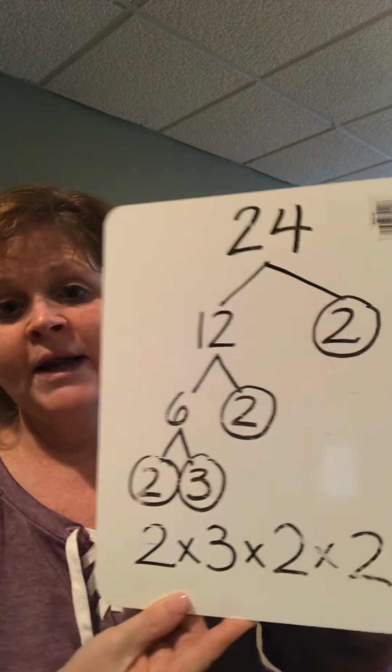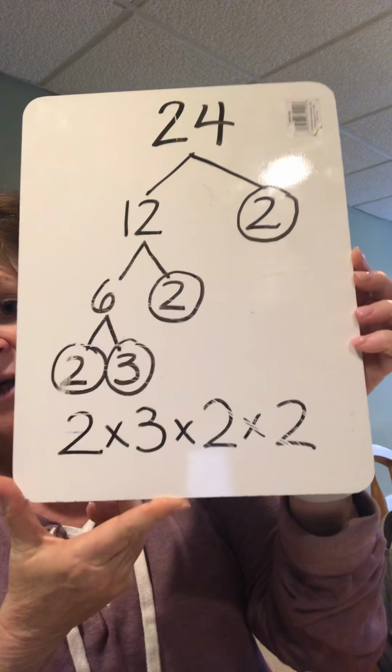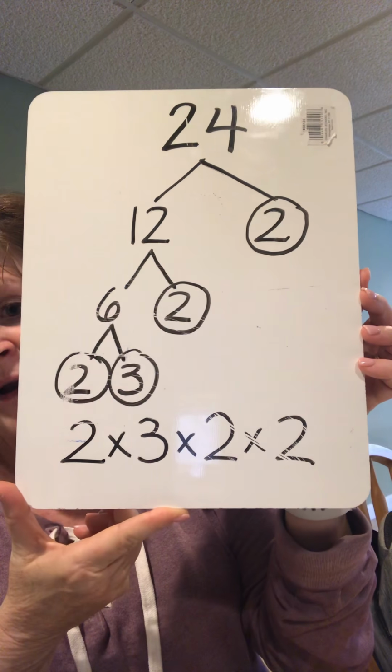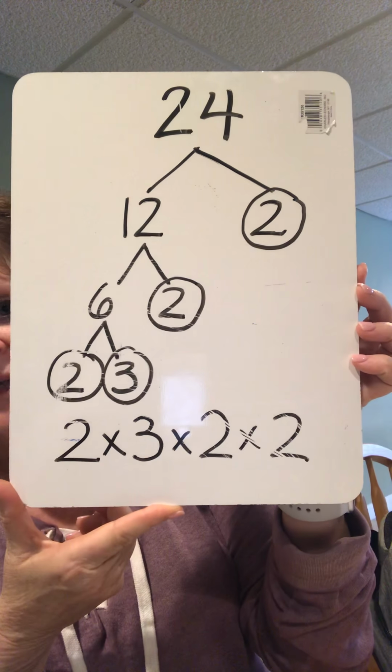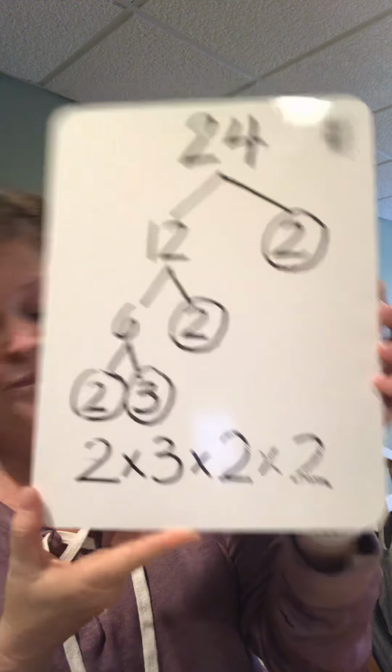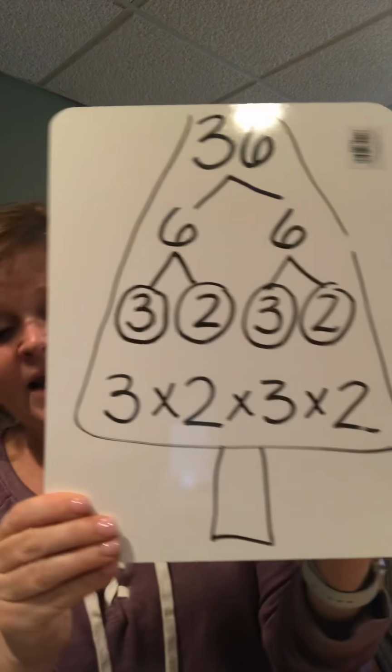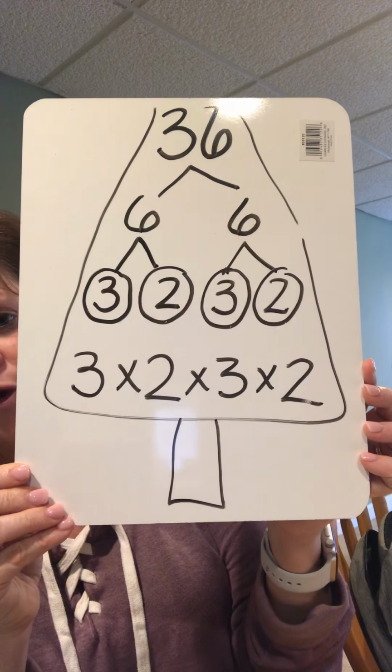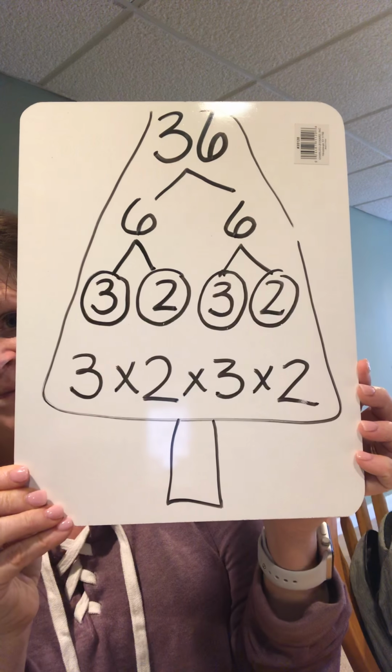So, you don't really have to put 48 in there because it's already in your notes. But remember, we factored 24 and it looked like this. I would like you to put this in your interactive notebook, and I would like it to look just like mine does. I'd like for you to also list this second example, 36.